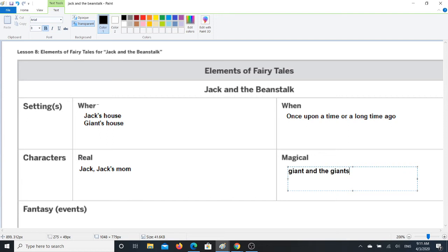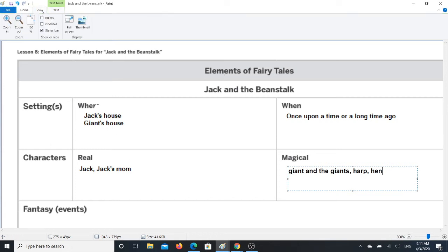Also, the harp and the hen. Those are magical characters in this because they can't happen in real life. In real life, we don't really have giants that eat little boys, or harps that can sing, or hens that can lay eggs. Those are not things that we actually see in life.